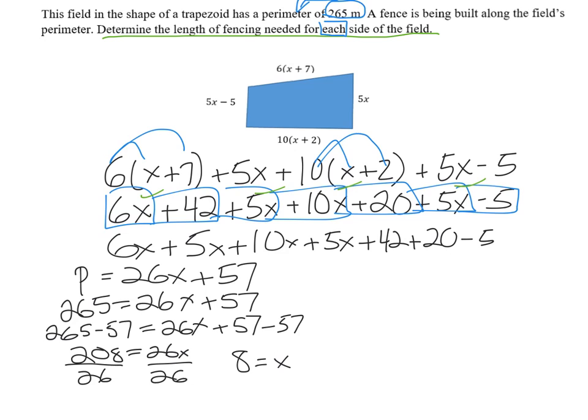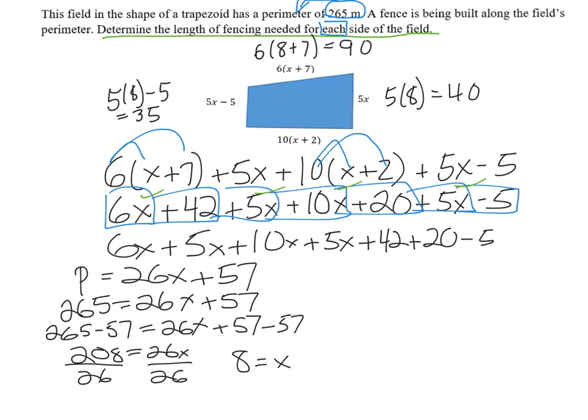So I'm going to do that up around the diagram. So I would get 5 times 8 equals 40. And this one, 5 times 8 minus 5 equals 35. And this one here, it's 6 bracket 8 plus 7, and that is the equivalent. 8 plus 7 is 15 times 6 equals 90.